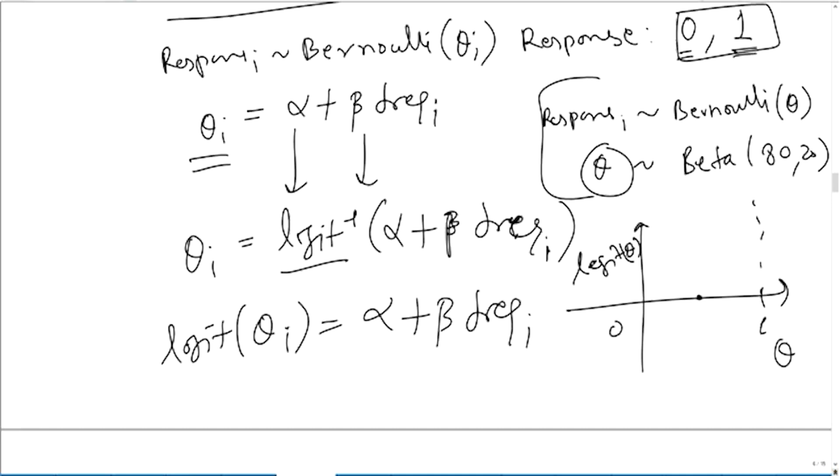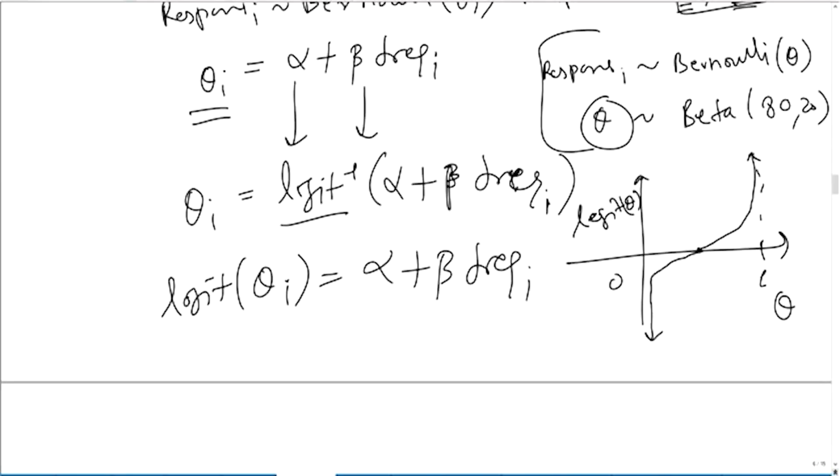As you go towards 1, logit theta increases almost linearly and then sharply increases near 1. Here as well, it decreases linearly and sharply decreases near 0. This is how the relationship looks. But the logit theta can take any value between minus infinity and plus infinity. So when you apply this transformation, it allows these things to have values between minus infinity and plus infinity. Okay, so that's the point.